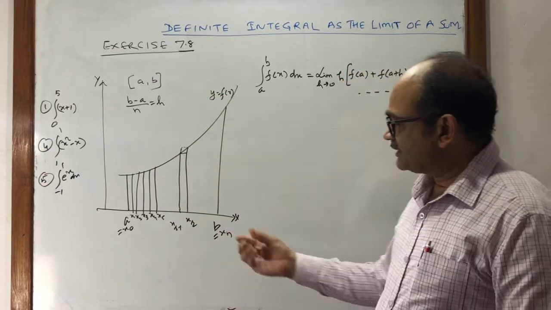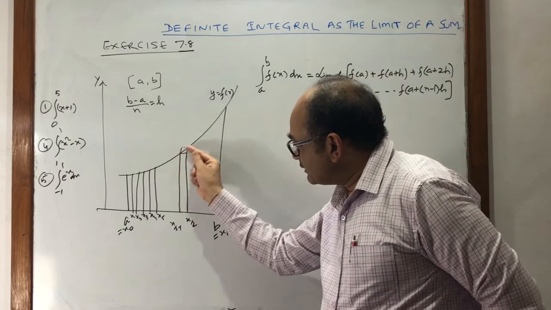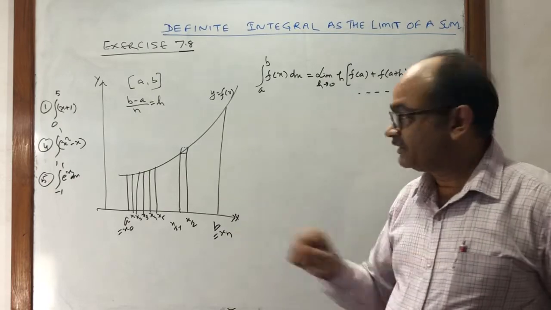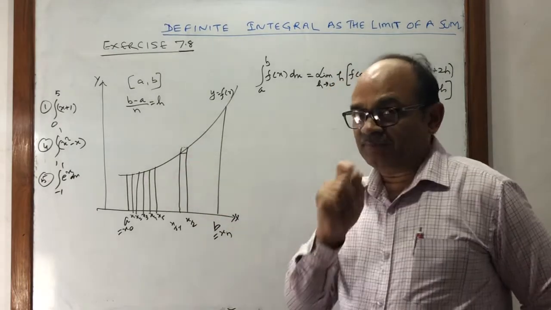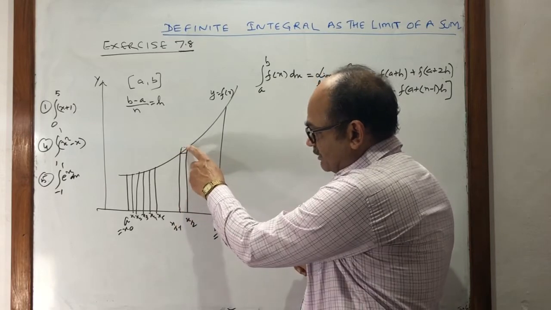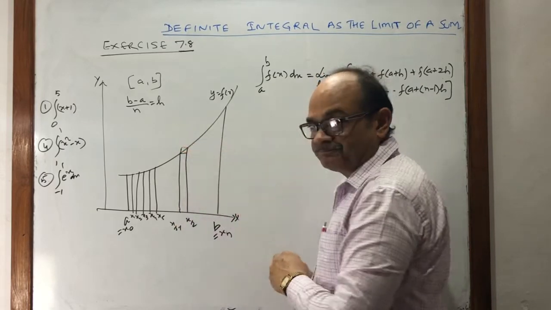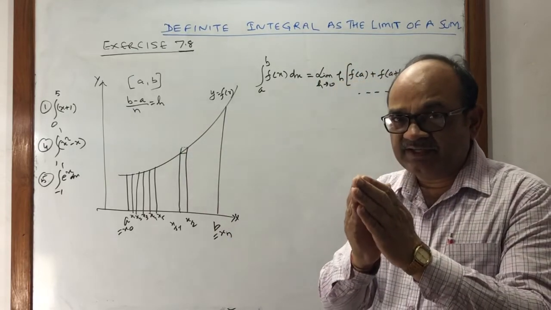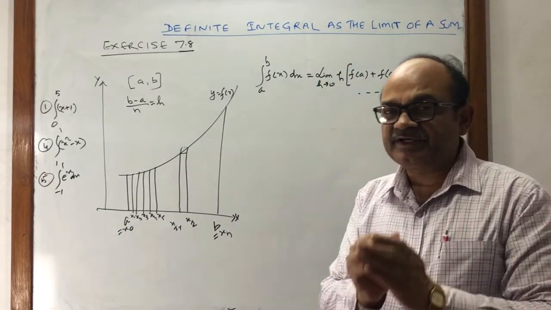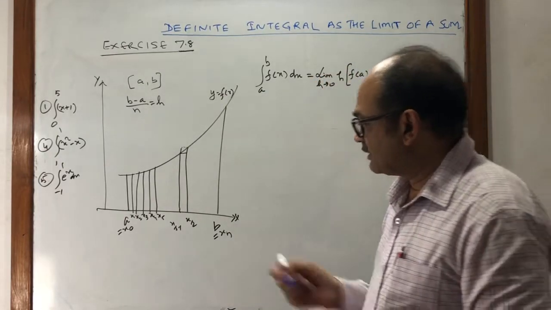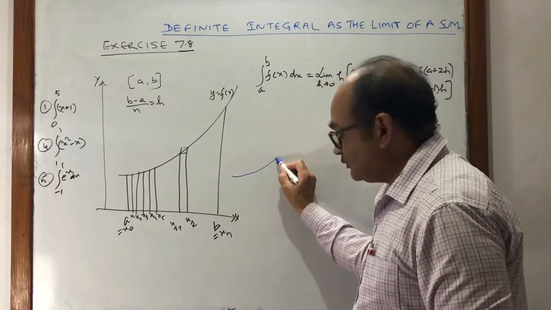The important point is, when the curve is in the slant position, how are we getting the area of a rectangle? The important point is this small rectangle is less than the curved part, which is less than the whole. But since we are making h a very small quantity, it means the subintervals are very close. So in this case, the curve is like this.